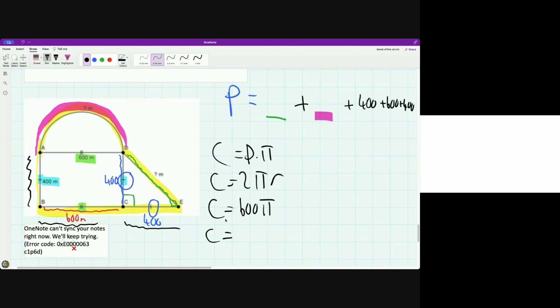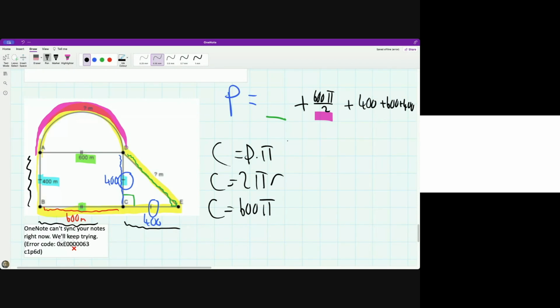But I want half of that for half the circumference. So this over here is going to be 600 pi divided by 2. Give me a thumbs up if you understand why I'm going 600 pi divided by 2.